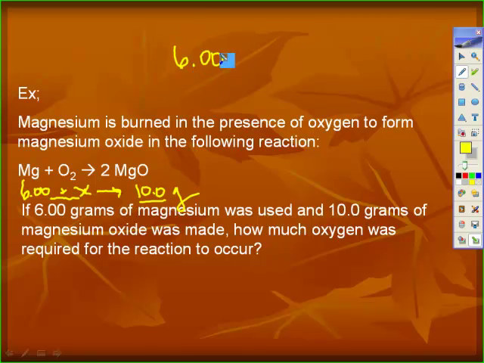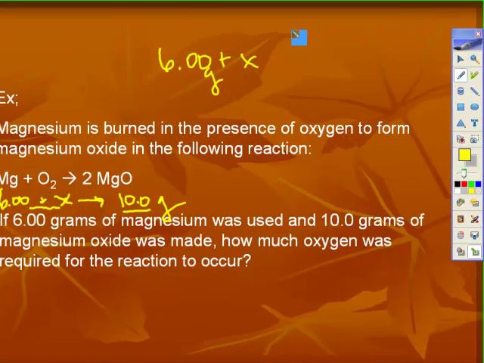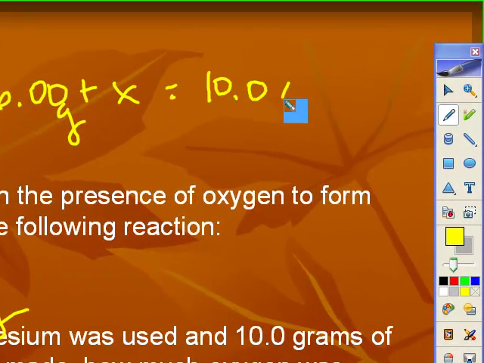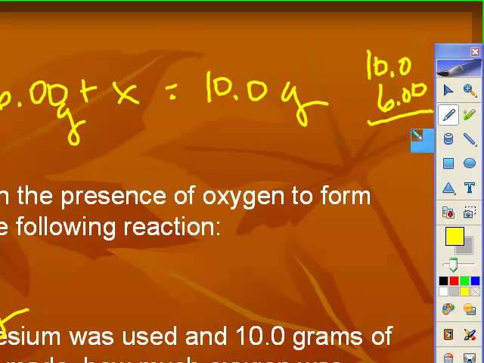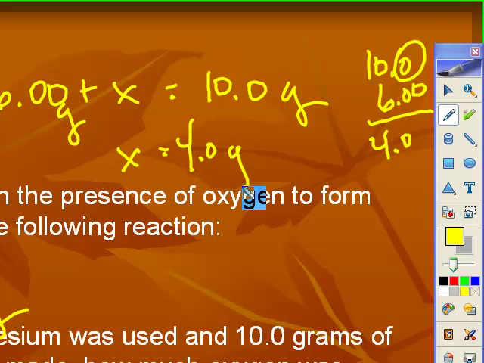So 6.00 grams plus X equals 10.0 grams. If I subtract 10.0 minus 6.00, I should have just one decimal place, least number. And that means my oxygen is going to be 4.0 grams. Because if I add those two up, I'm going to get 10.0.